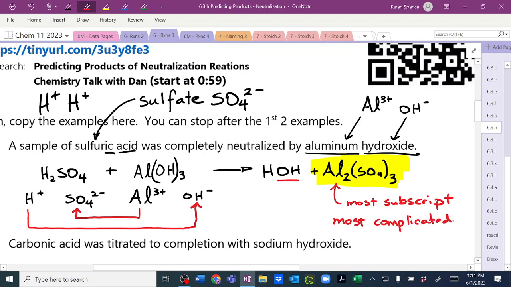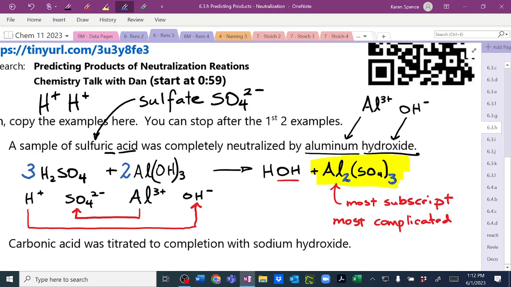That means we're going to balance the aluminum and the sulfate first. We have 2 aluminum. So we're going to put a 2 in front of the Al(OH)3 on the other side. We have 3 sulfate. So we're going to put a 3 in front of the H2SO4 on the other side to give us 3 sulfate there.